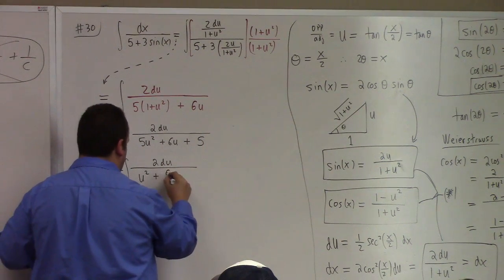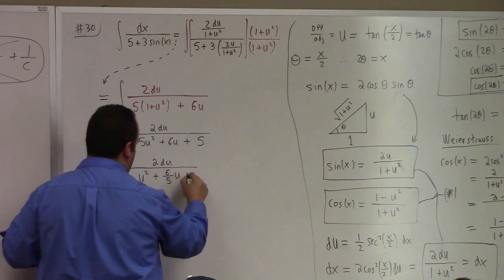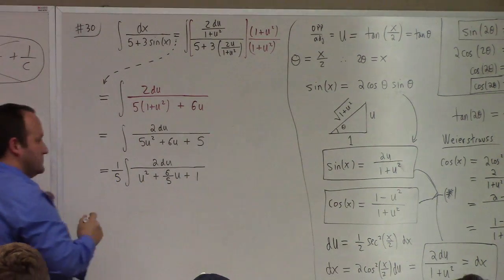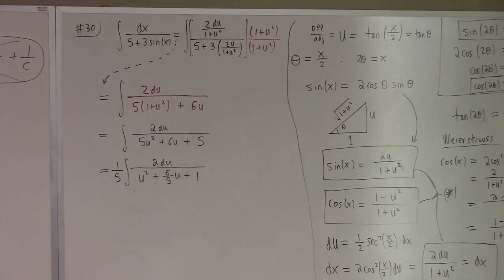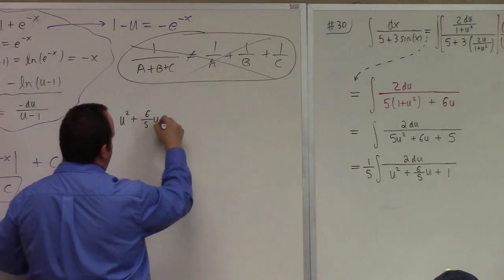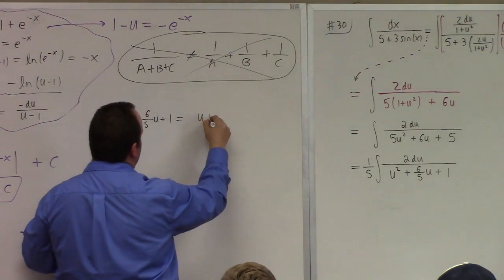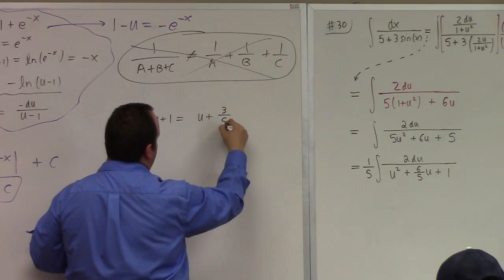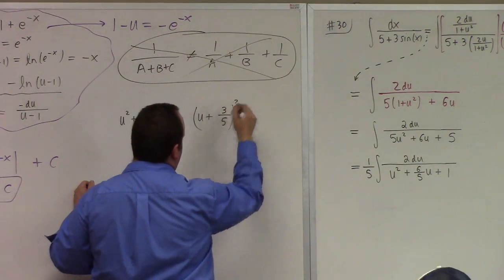U squared plus 6 over 5 times u plus 1. Now, I'm going to work on that quadratic over here. So u squared plus 6 over 5 times u plus 1 is equal to u plus 3 over 5 quantity squared.